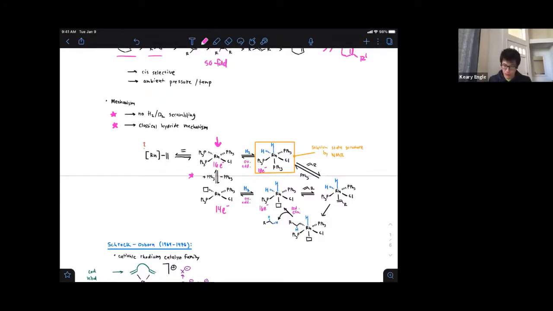Thank you, Sunghan. One of the interesting things is that if you monitor this by NMR, this is what you see, the complex shown in orange, but actually the cycle that is productive for catalysis is through this initial loss of the phosphine ligand.